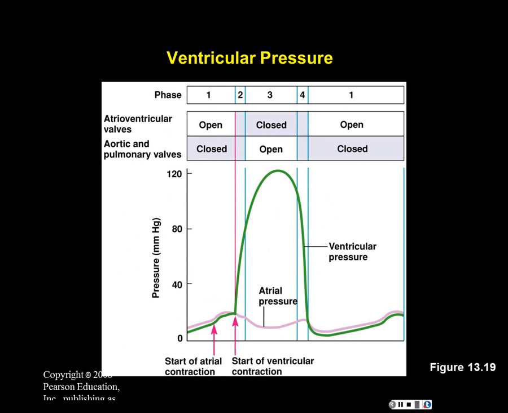Okay. Figure 13-19 also reiterates what we've just learned about the volume and pressure changes within each chamber of the heart. So we're looking at the atria plotted in the pink, and then the ventricle in the green color. But we can really see a profound change in pressure.